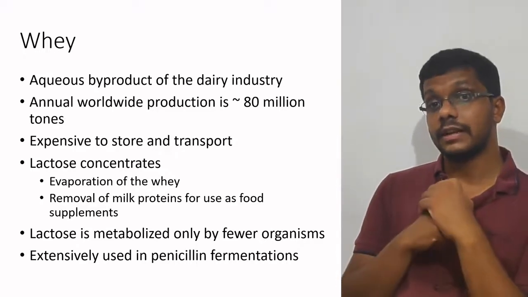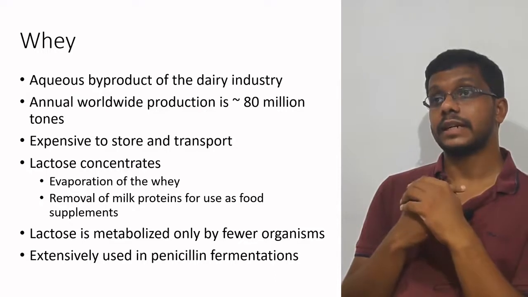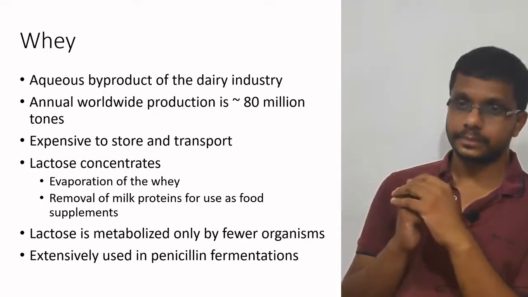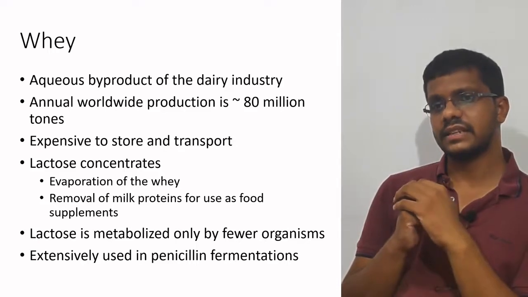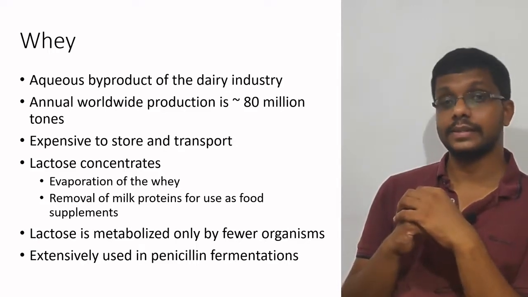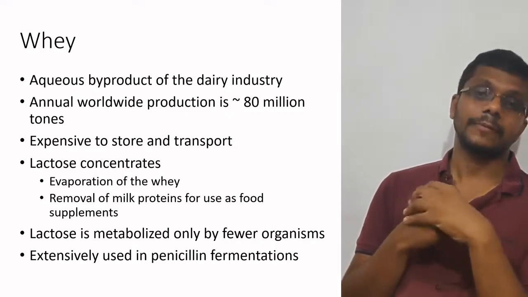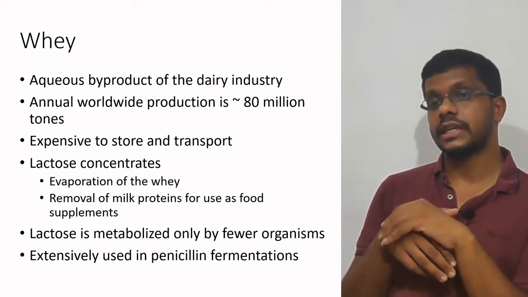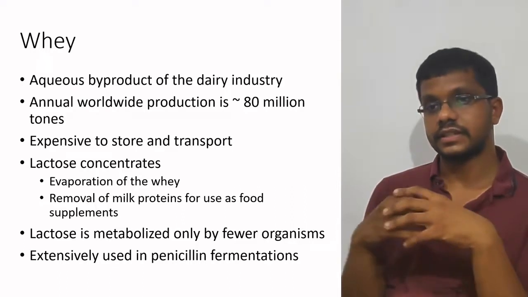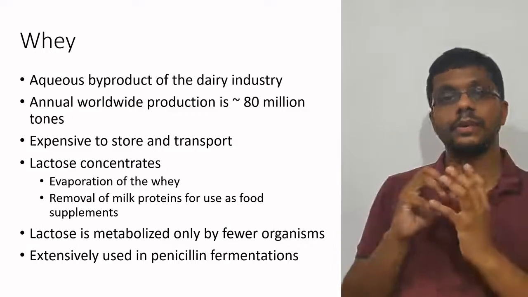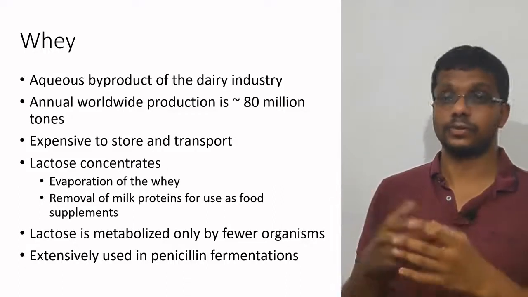It is a waste product, and it contains a good amount of carbohydrate and some protein. But it is very expensive to store and transport. So before storage and transportation, they concentrate it using evaporation, so the volume is reduced. Once the volume is reduced, it is easy to transport and store.